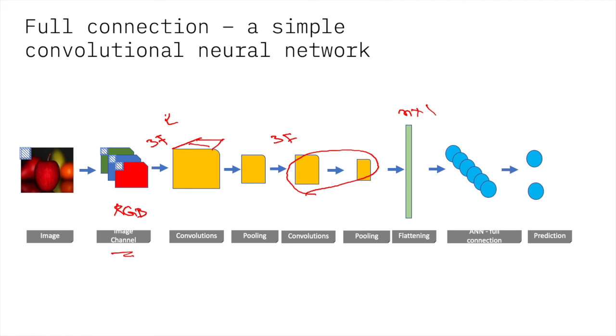And then you apply that to a full connection. A full connection can again be any number of layers. Over here, we are just showing one layer of full connection. You could have several layers of full connection to make the final prediction, which would say if your output is an apple or not. And these steps happen in repeat. Your image channel conversion is going to happen just once.